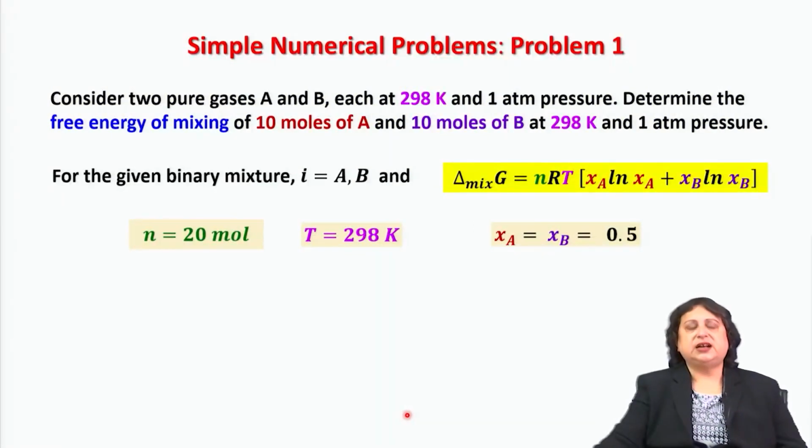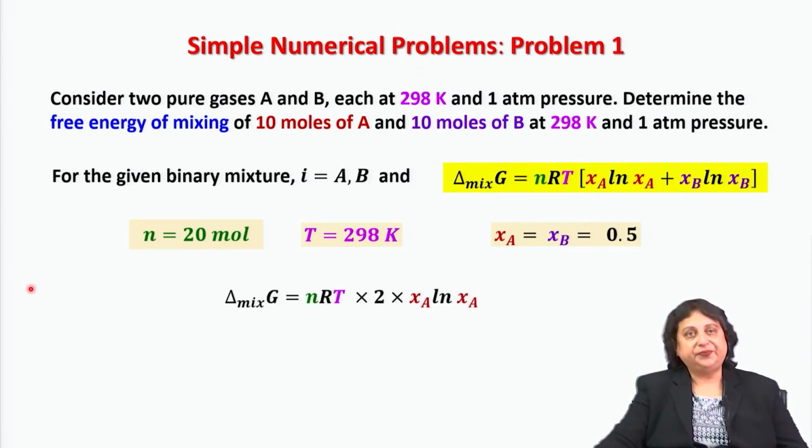So, with this result, it is now a trivial task to find out delta mix G. So, delta mix G is nRT into (Xa ln Xa plus Xb ln Xb).